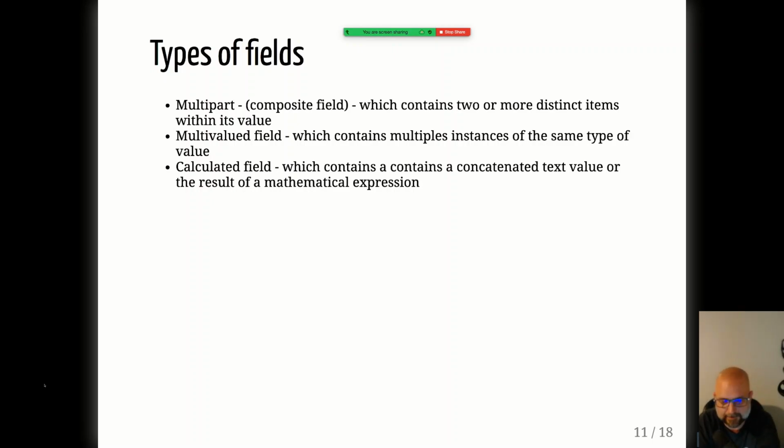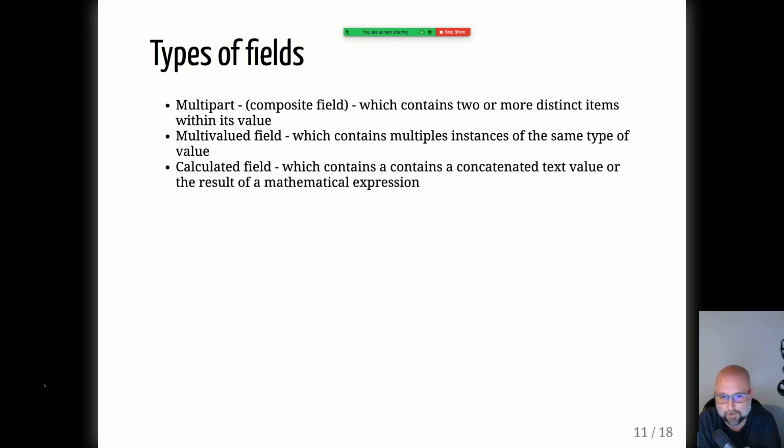So when we normalize our database, we don't put all those things into one column. We will design our table so each of those attributes, or each of those distinct items, to use the term here, is its own column. Now what you can do, a multi-valued field, you could have multiple instances of the same data type.